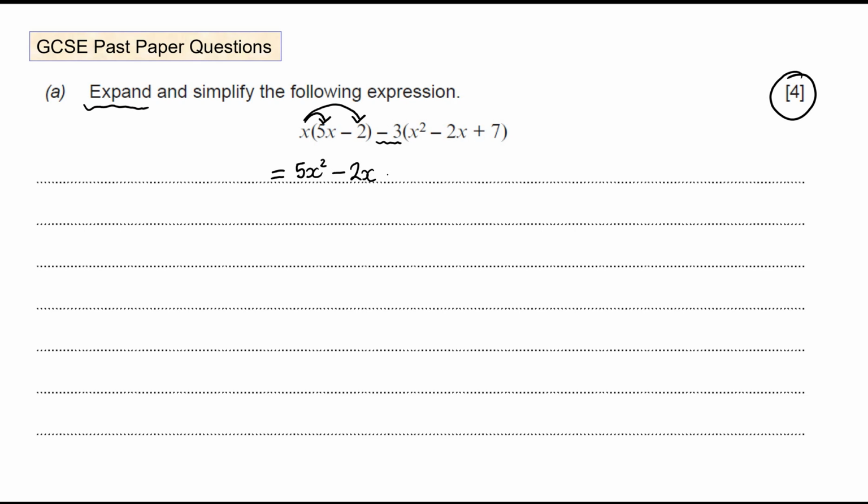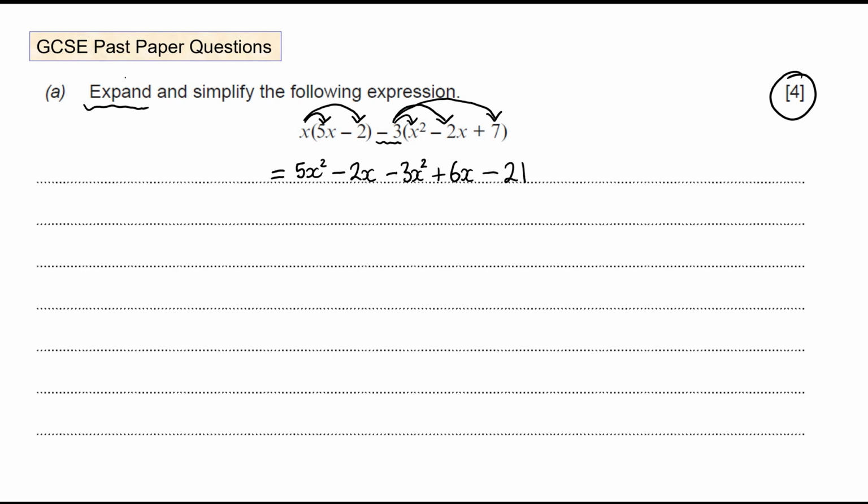Negative times positive is a negative. 3 times x squared is 3x squared. So that's that done. Minus 3 times minus 2x. A negative times a negative is a positive. 3 times 2x is 6x. And then minus 3 times plus 7. A negative times a positive is a negative. 3 times 7 is 21.